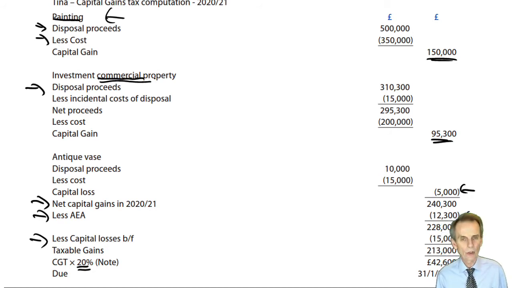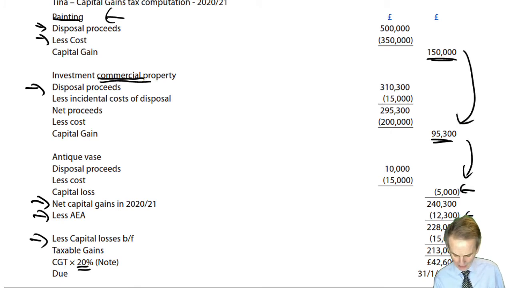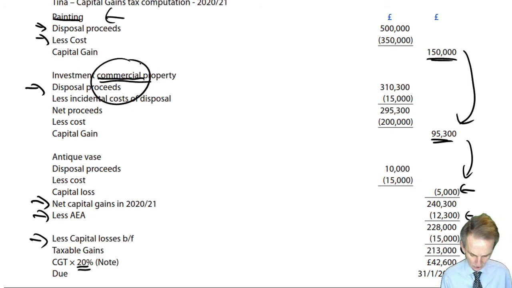So we were able to do one overall calculation, adding these 2 gains together and then taking away that loss from that total of the gains. Understand that if this had been not commercial but residential, then residential property gains in the higher rate band wouldn't be taxed at 20, they'd be taxed at 28%.